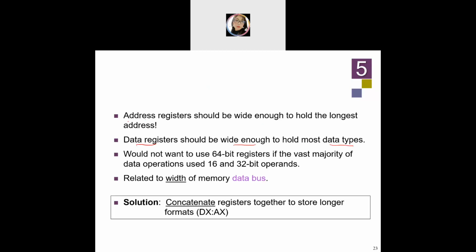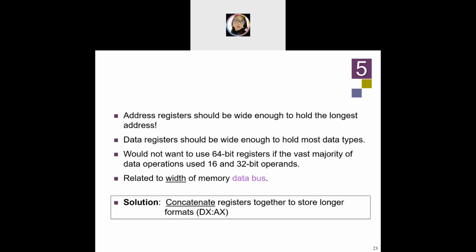You have addresses, you have data types. You will not want to use a 64-bit register if the majority of your data is only 16 and 32-bit, because the rest you have just empty slots and you did not use them. So you can pick the correct size to be used. It is related to the width of the memory data bus also.